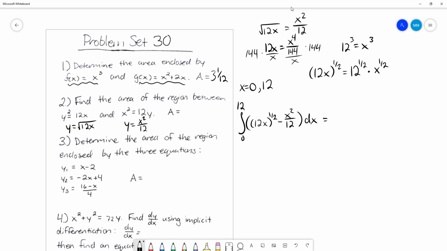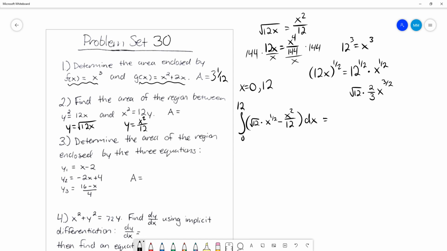So going backwards then, I'm going to rewrite that there. Going backwards, we just have to use that power rule. So it's going to be square root of 12 times x to the 1/2. If I add 1 back to that, that's going to be x to the 3/2. And of course, we have to then divide by that, times our square root of 12.